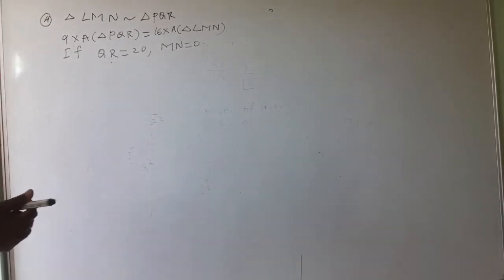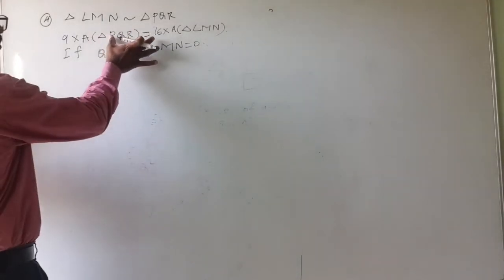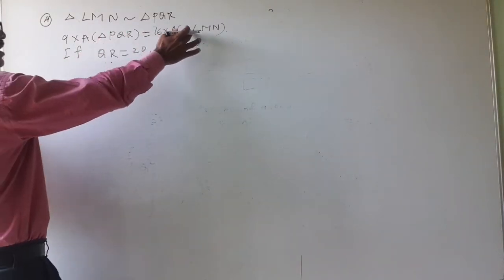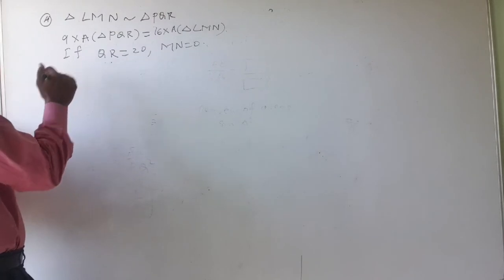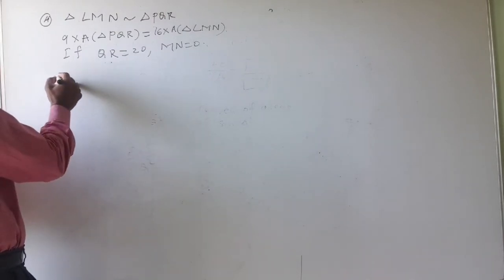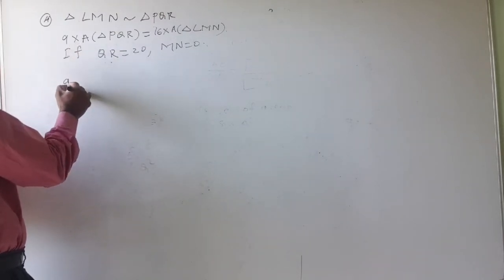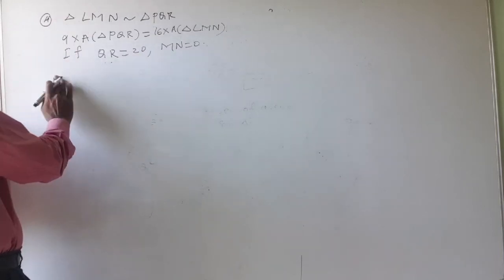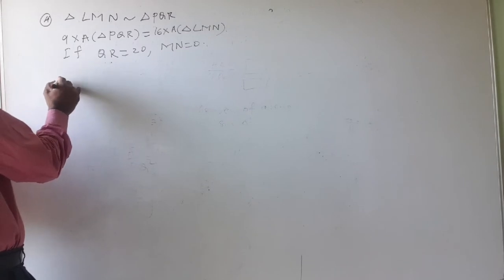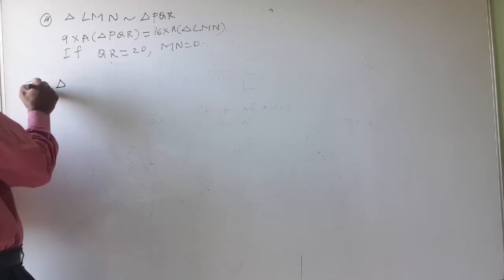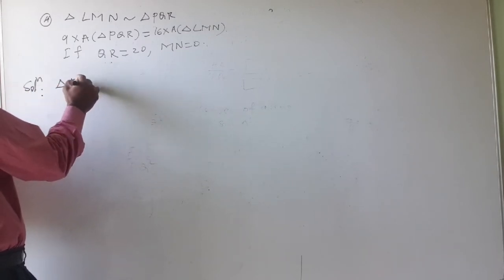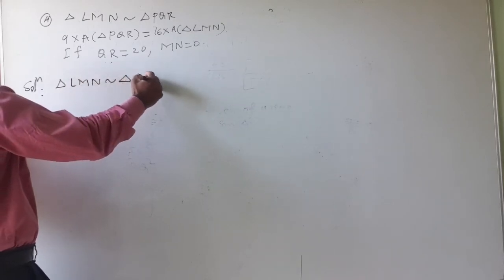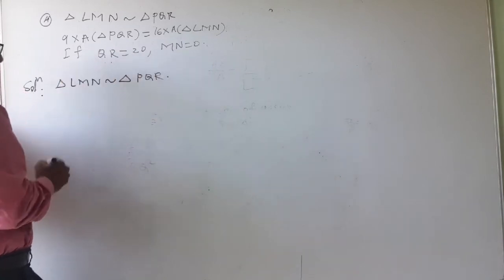So what will be done? From this statement I will find what will be area of triangle PQR upon area of triangle LMN. Solution: triangle LMN is similar to triangle PQR. This is given.